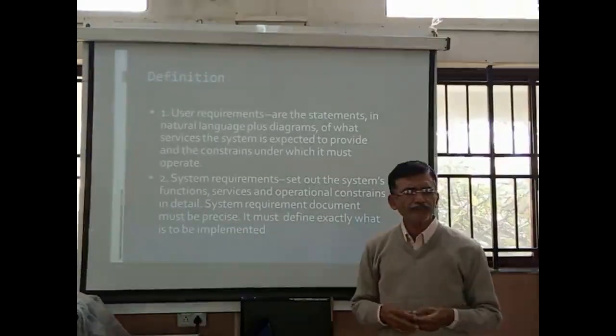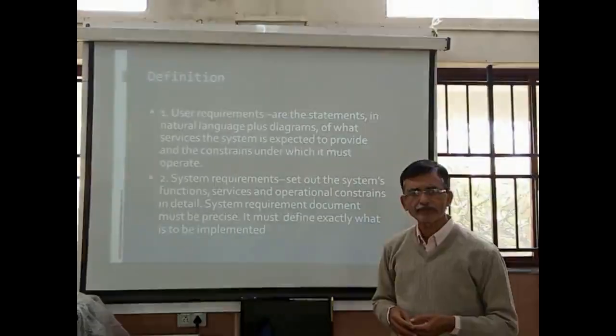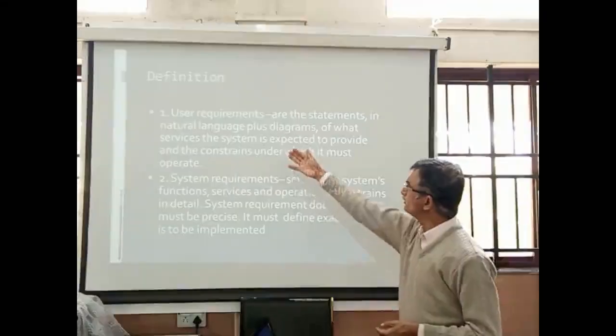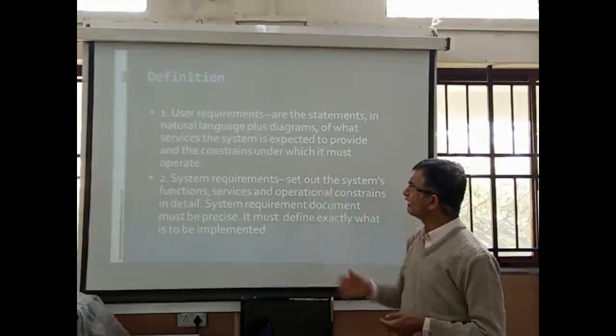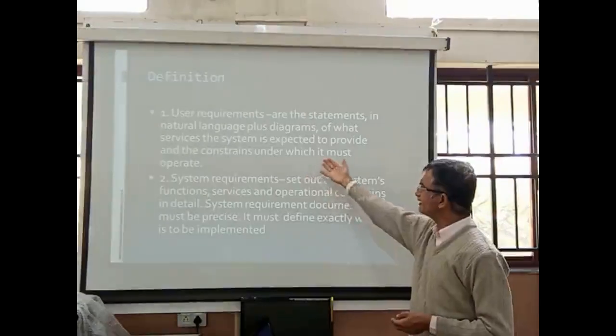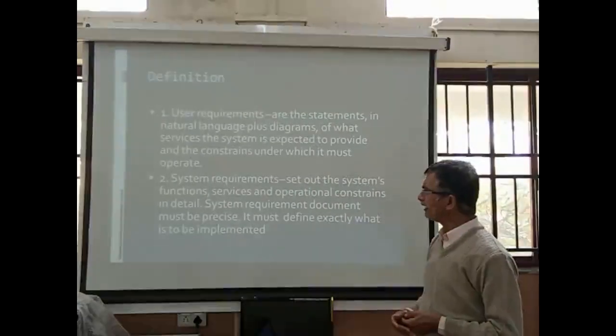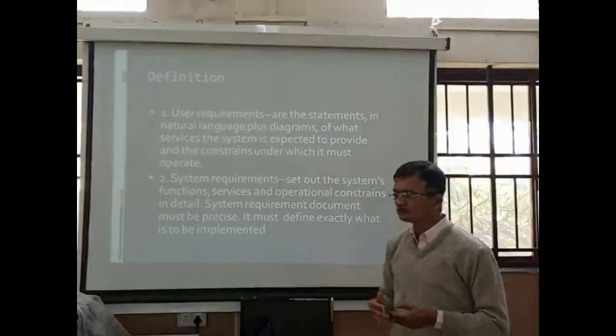Now we will take the definition of user requirement and system requirement. User requirements are the statements in natural language plus diagrams of what services the system is expected to provide and the constraints under which it must operate.